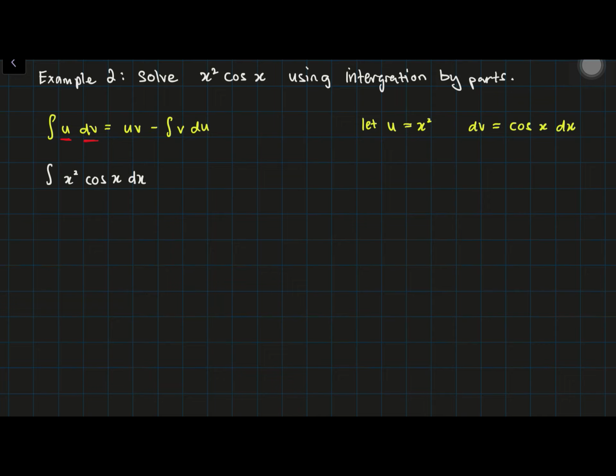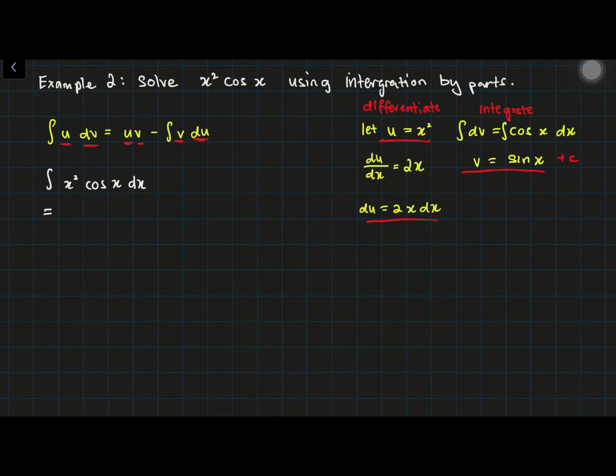So let's go ahead and differentiate the left side and integrate the right side. Taking a look at the right side of the equation, we have our u, which is x squared, we have our v term, which is sin x, and our du, which is 2x dx. Just like before, let's substitute these terms into the equation.